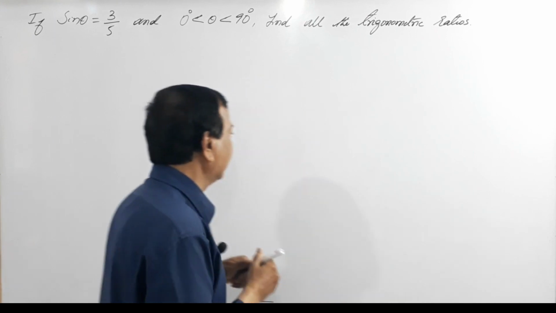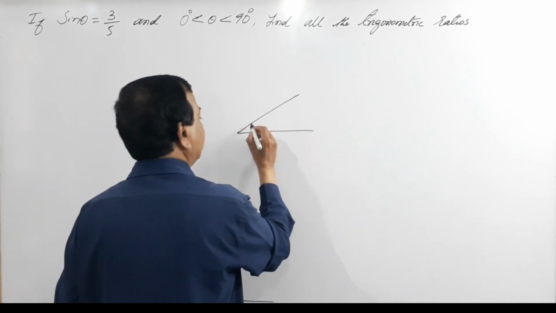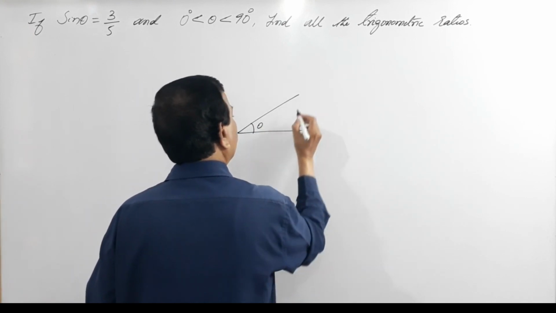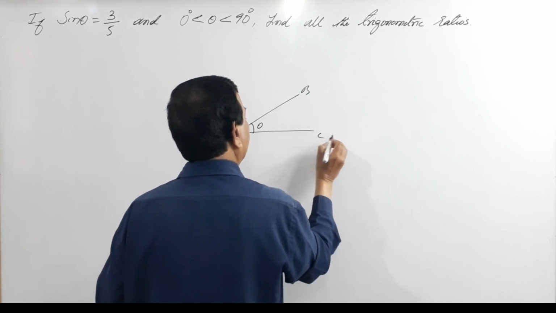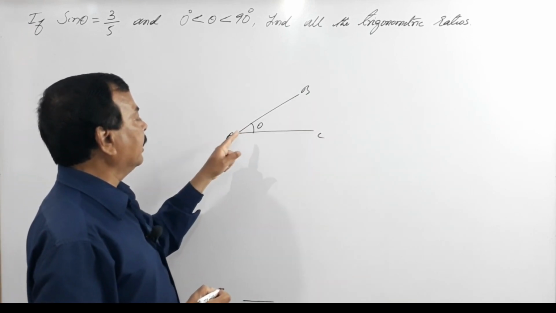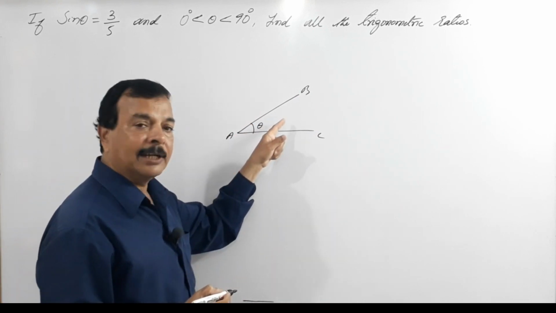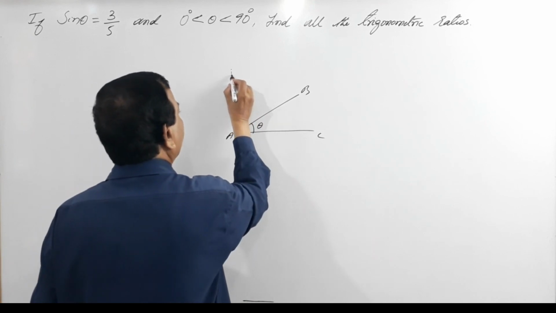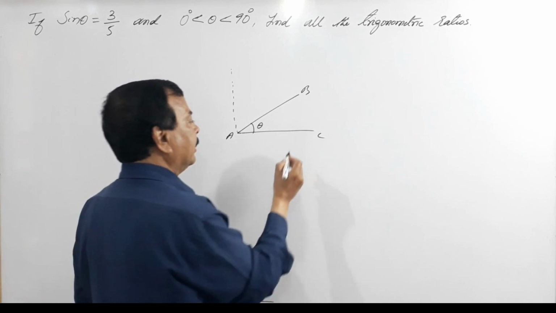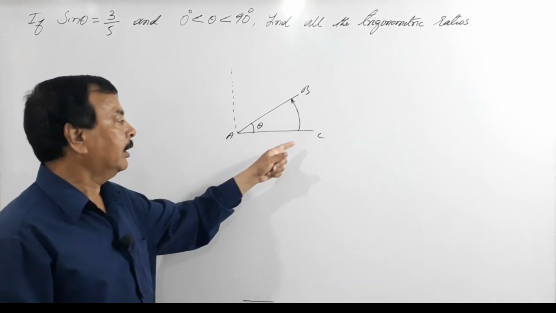It means to say that supposing you have a line, supposing this becomes theta, so this is A, B, C, I call this ABC. So if you take theta, it is less than 90 degrees. See, now if you draw a normal from here, it is less than 90 degrees and greater than 0 degrees.